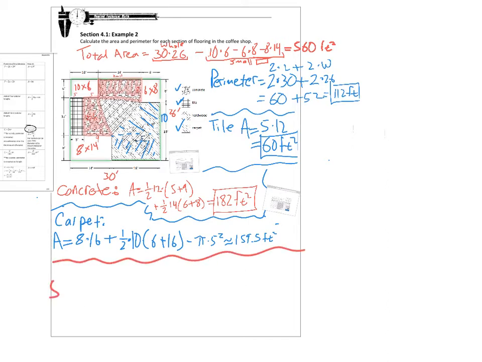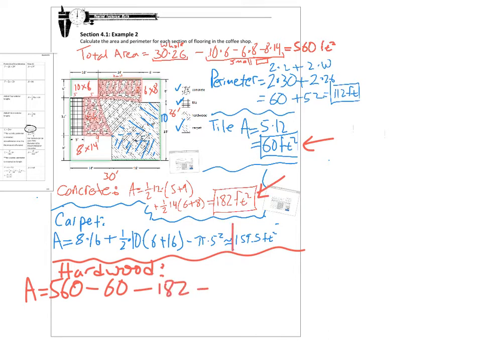Let's take 560, that's the total area. Oh, this, by the way, is hardwood. So let's take the total area and subtract off each of them. We're going to subtract off this tile, subtract off the concrete, and subtract off, didn't box it, let's box it, the 159.5 carpet.